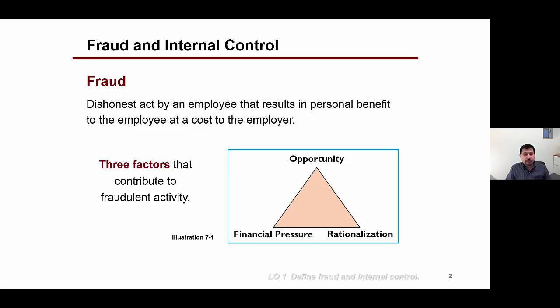For example, the employee would rationalize and justify stealing cash by the fact that the company is making a lot of money and paying them a minimum salary, or not giving them any raise while the CEO is getting high bonuses. So they justify stealing cash in this way. Those three factors together increase the likelihood of fraud happening.